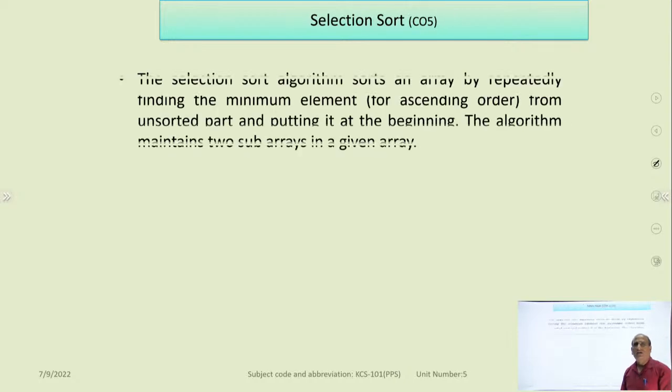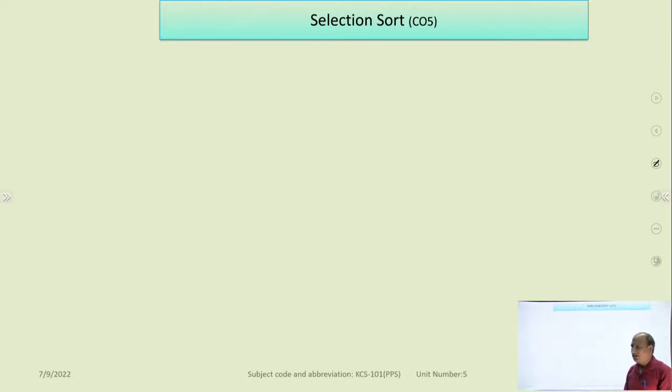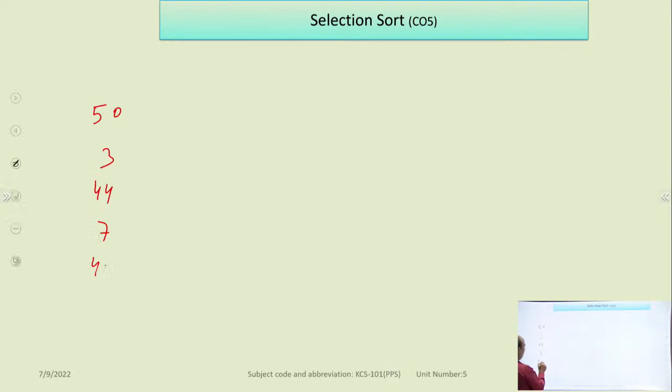So what is selection sort? I will explain the concept here. Let us say we have a given array of five elements: 50, 3, 44, 7 and 40, and we want to apply selection sort.